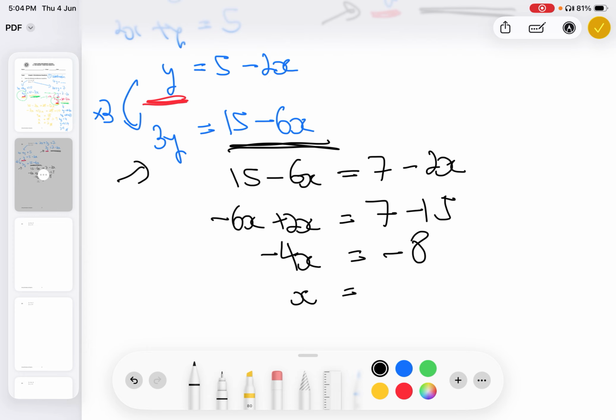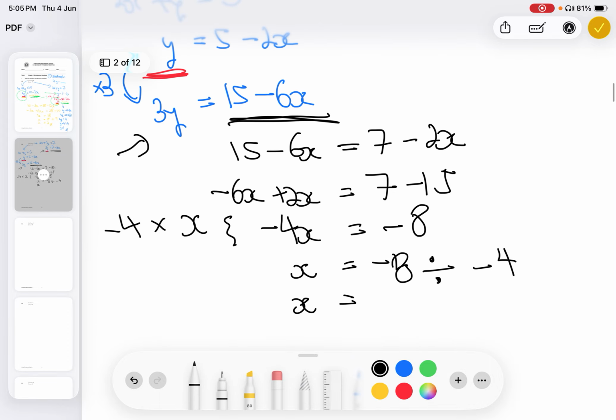Just take note, this is negative 4 times x, so I'm dividing by negative 4. So x, with the calculator, will be 2.